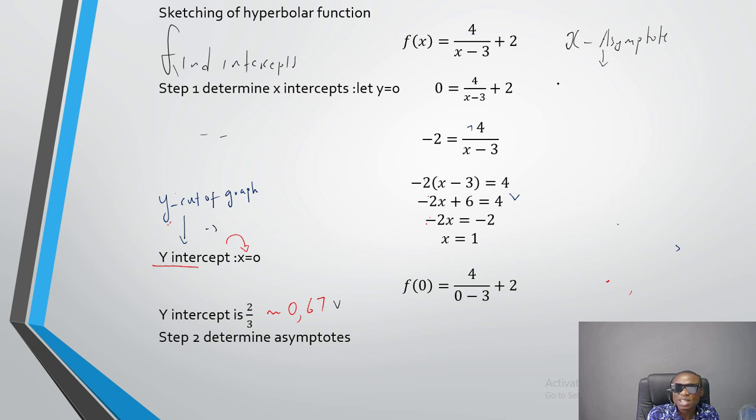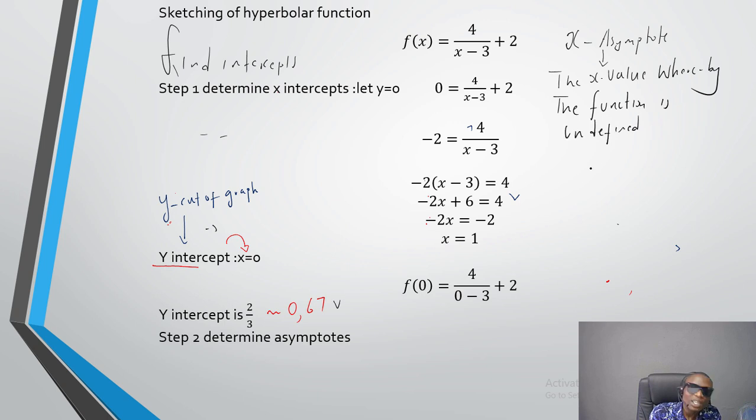The x-asymptote is the x value whereby the function is undefined, meaning that for that specific value of x, your function is not defined. And for that specific value of x, you cannot find the value of y.